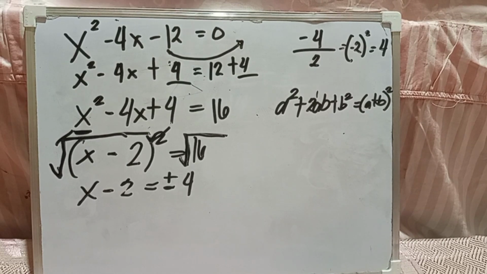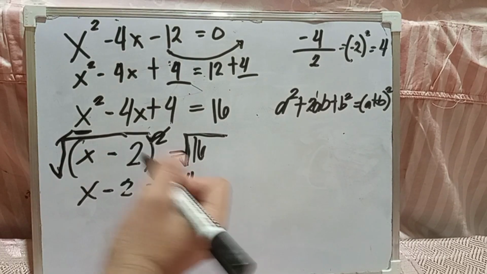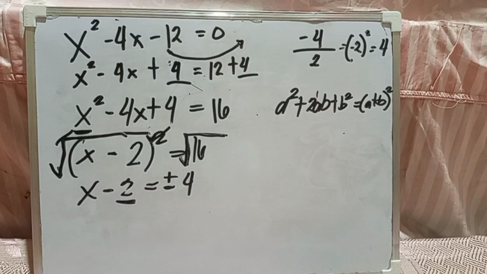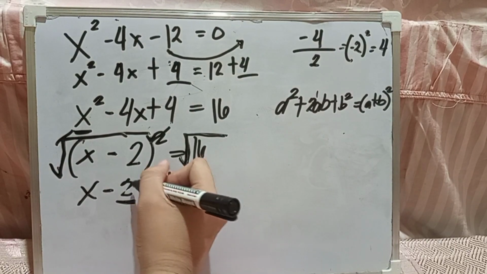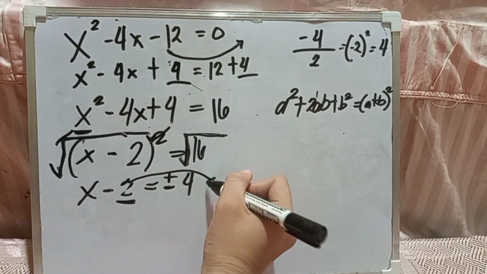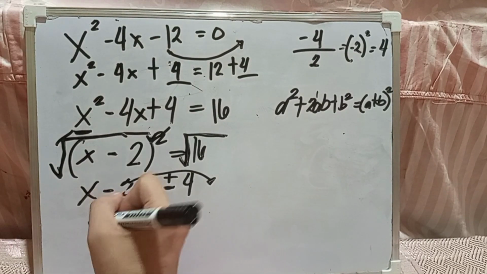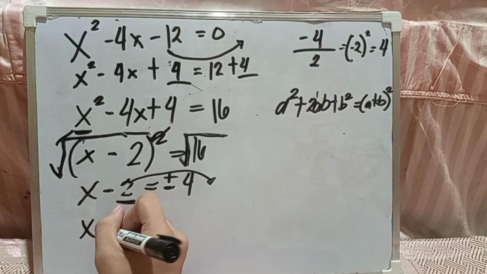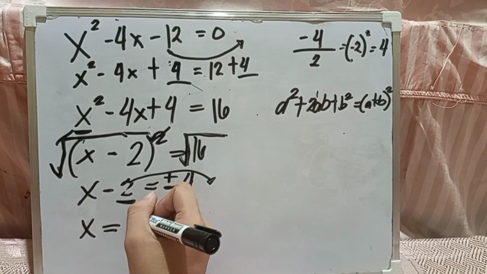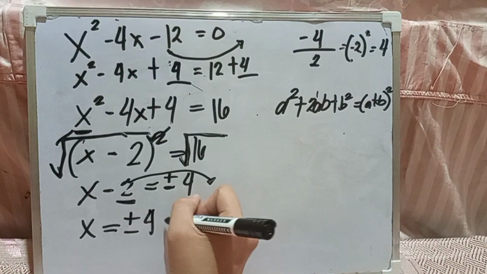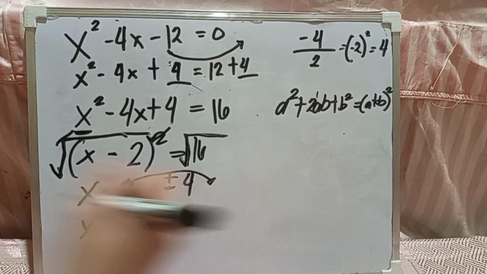After that, we need to transpose this term to solve for the variable x. We transpose it to the other side. So our new equation is x is equal to positive and negative 4 plus 2.